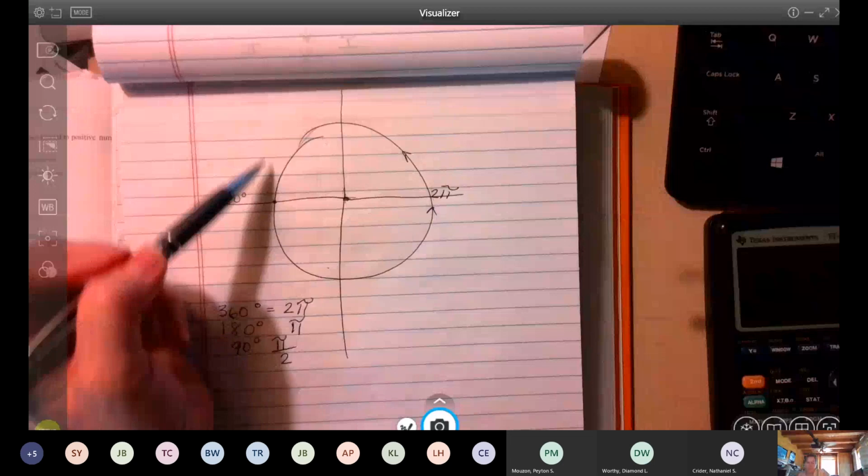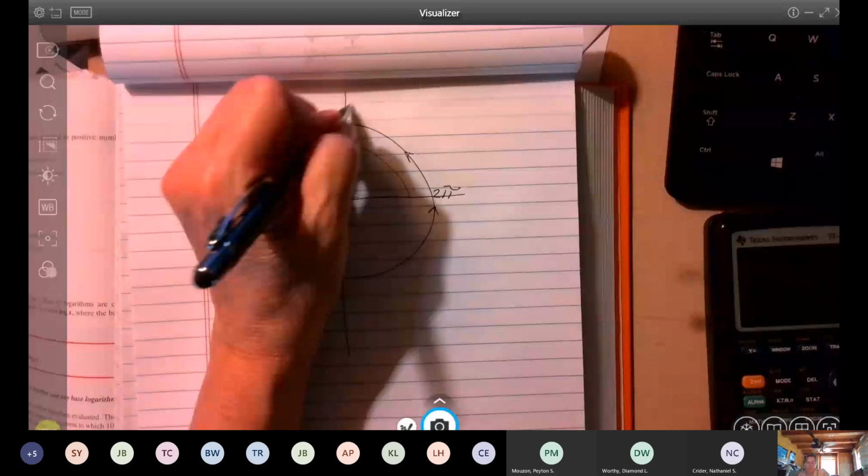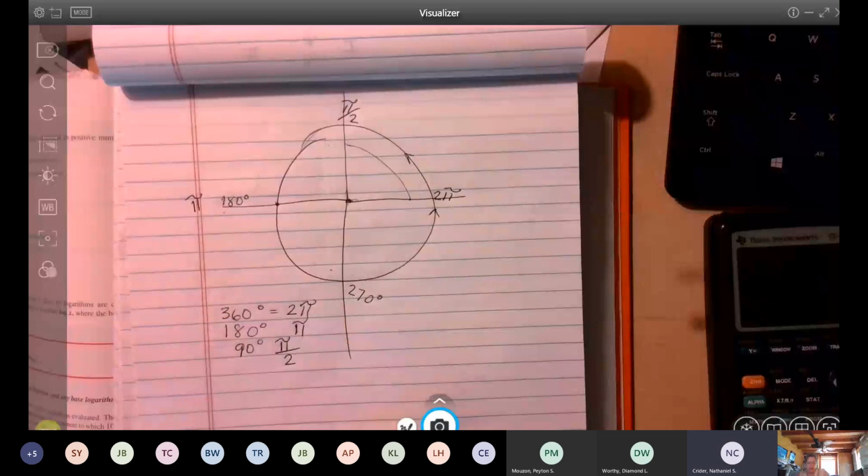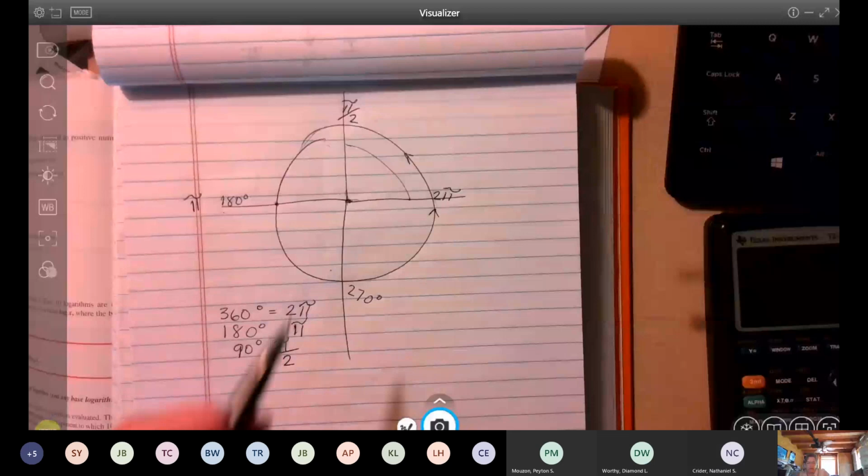So at 90 degrees, it's pi over 2. 180 degrees is going to be just pi. So then at 270 degrees here, what's it going to be? 3 pi over 2. So let your fractions work for you. We have pi over 2, 2 pi over 2, that reduces to pi, 3 pi over 2.